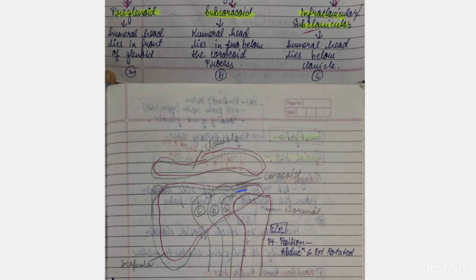So A, which is preglenoid: the humeral head lies in front of the glenoid. Then B is subcoracoid: the humeral head lies below the coracoid process. Then C, which is infraclavicular or subclavicular: the humeral head lies below the clavicle.